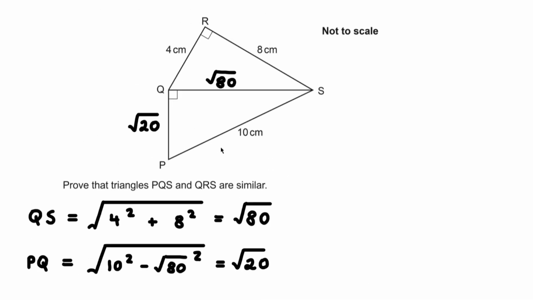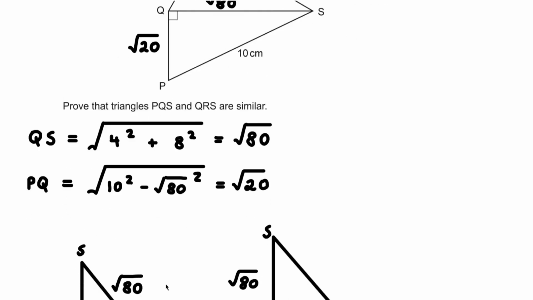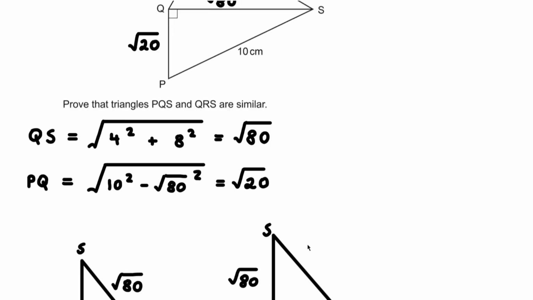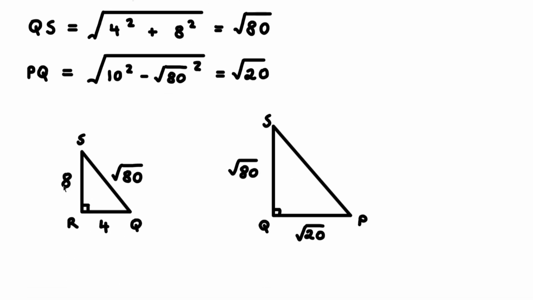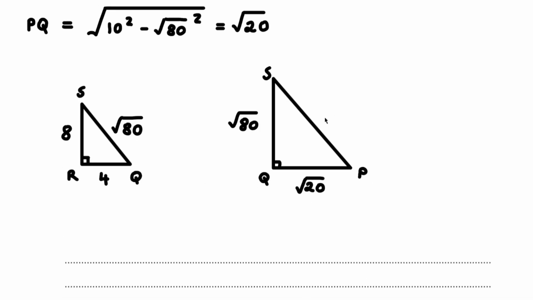And then I've got QR, which is 4, or 4 here. And I've got QP, which is root 20. And then I've got RS, which is 8. And then I've got SP, which is 10.